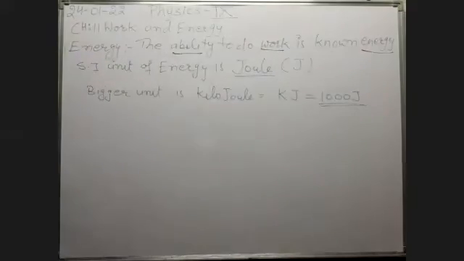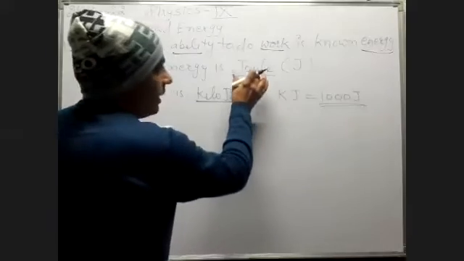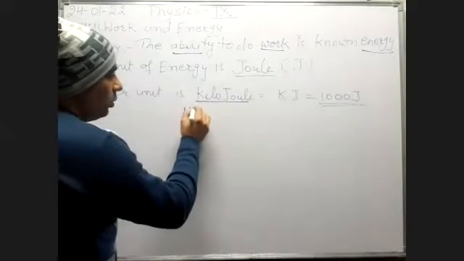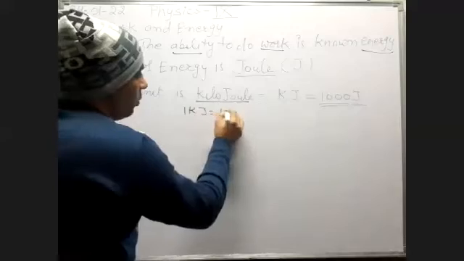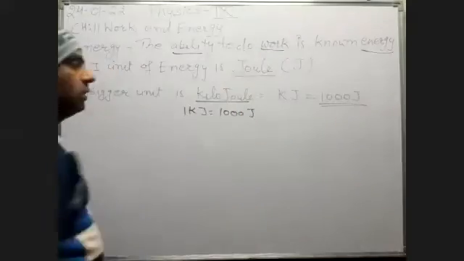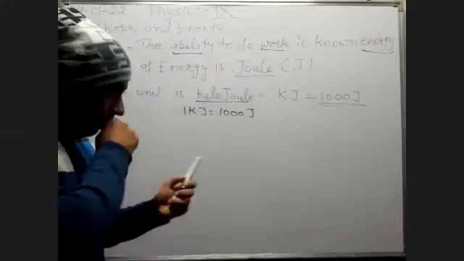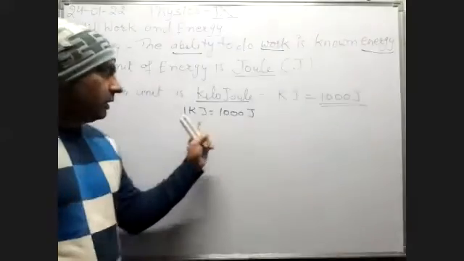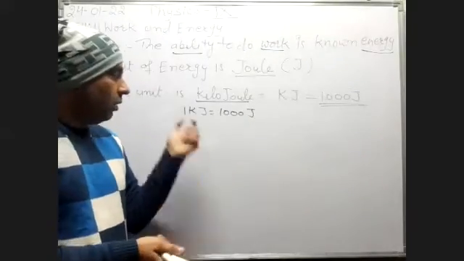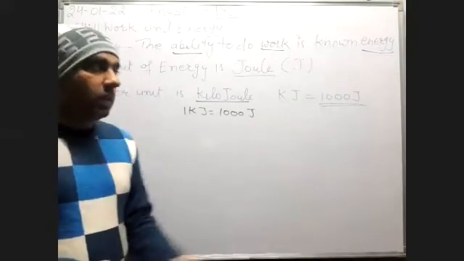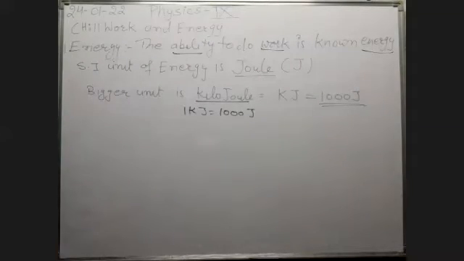Joule is the smaller unit of energy. If you are asked what is 1 kilojoule, 1 kilojoule is equal to 1000 joule. Simple conversion, as in mathematics: kilometer, kiloliter, kilograms. Kilo represents 1000. So kilojoule is the bigger unit of energy.